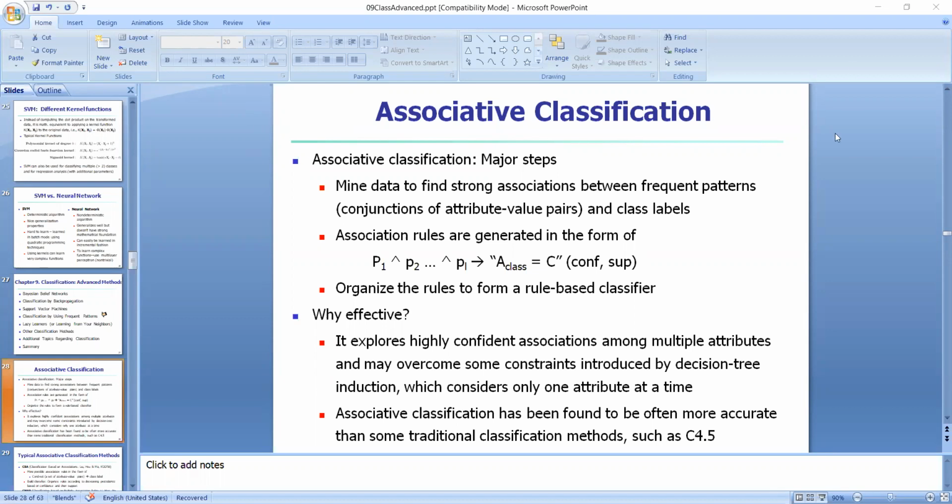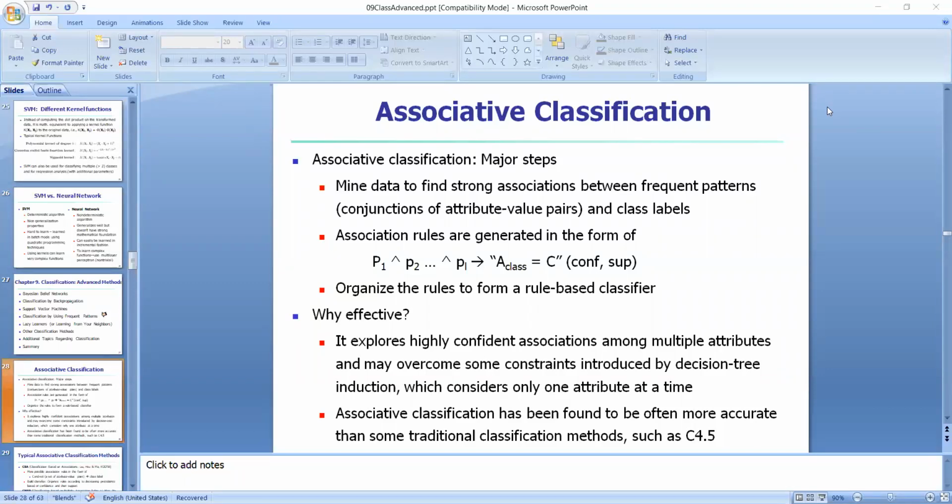What is an association and what are frequent item sets? All those things you would have studied in earlier classes, so we'll just brush up on them. The concepts of association rule mining that you studied can be utilized in the classification process also.